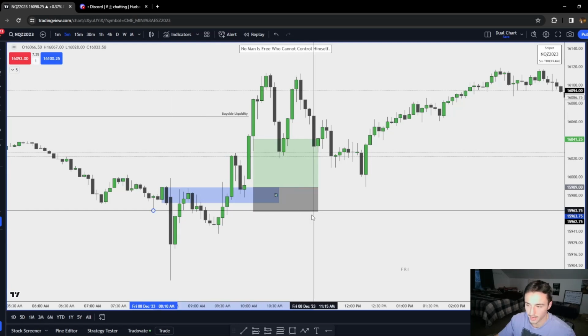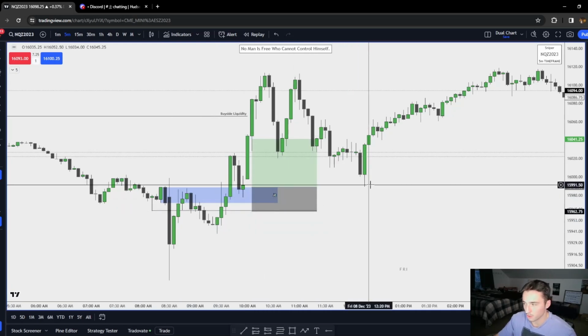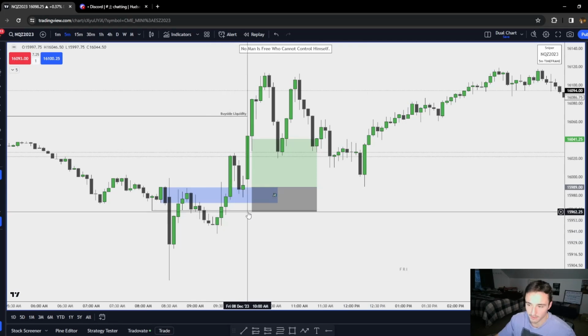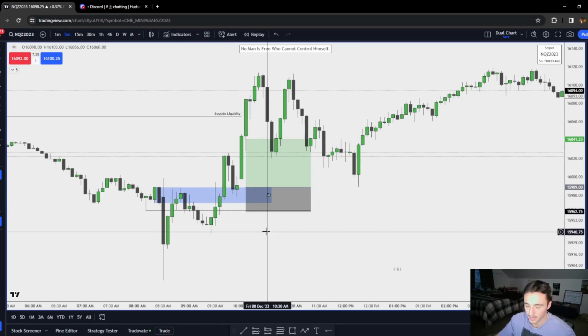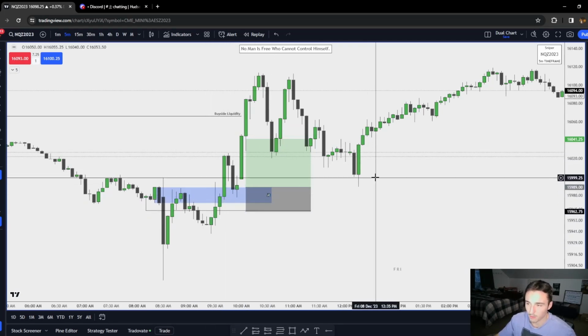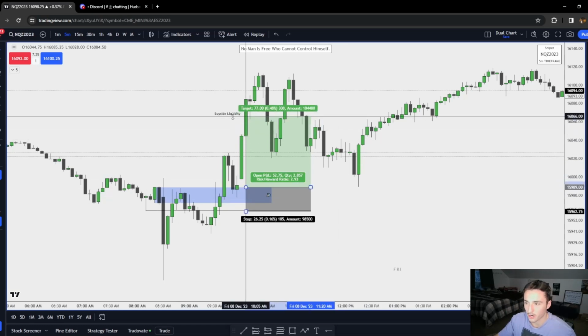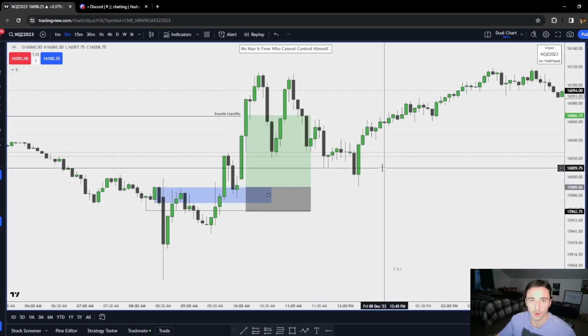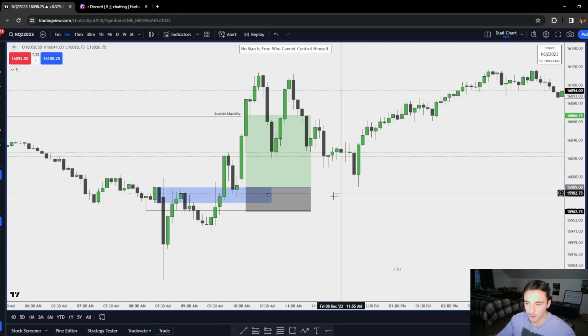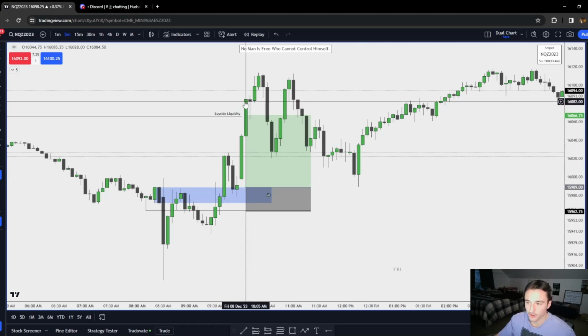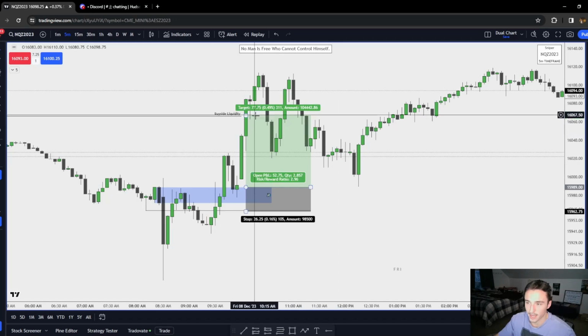So this low right here, a tick below here, and you usually will be safe from there, because if it goes here, it's probably just going to come down through here, because then the fair value gap would also be invalid, and then you put your target on the obvious draw on liquidity. And that is how simple that was. And news drove us straight up to that obvious draw on liquidity at buy side.